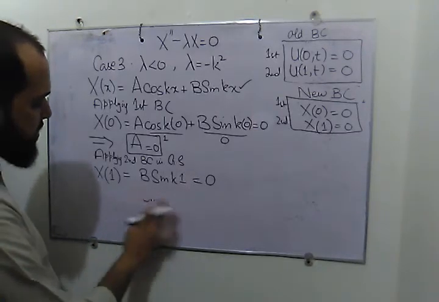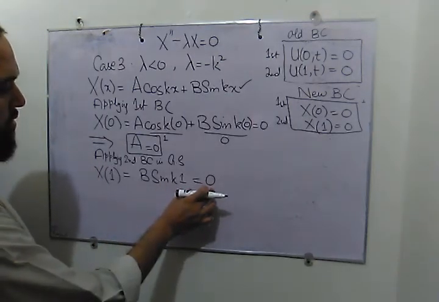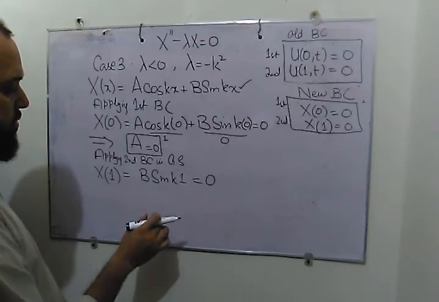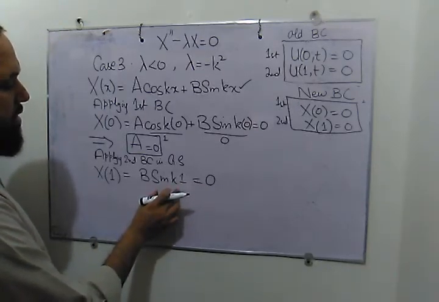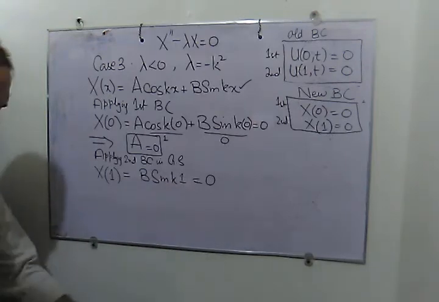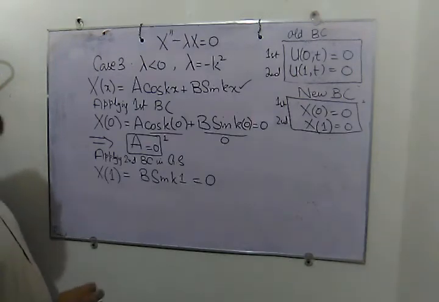Then we have a situation where the product of two terms is 0. So which one will be 0, b or sine k? We have already seen two cases where a and b were both 0 and they were the trivial solution.